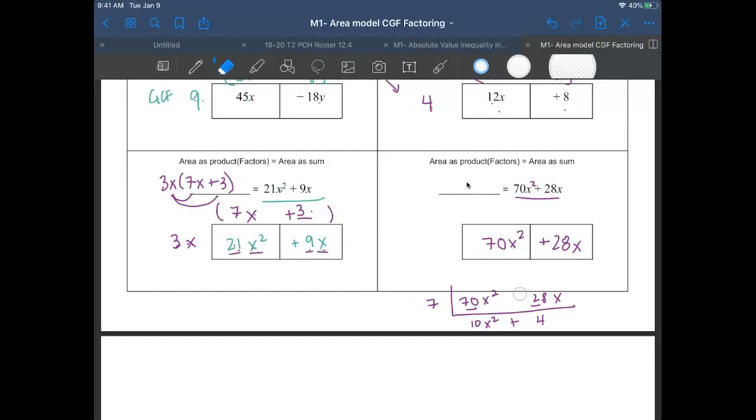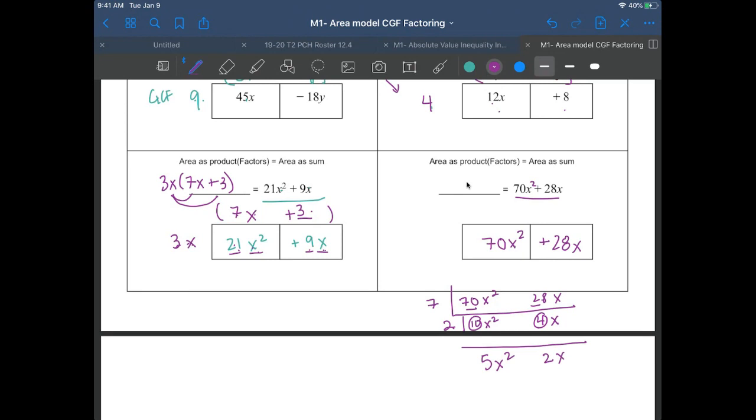Okay, 28, and I haven't done anything with the x, so I'm going to bring that down. Okay, anything divide out of 10 and 4? Yes, a 2. So 2 times 5 is 10, and I still haven't done anything with the x squared. And then 2 times 2 is 4, and I haven't done anything with the x.